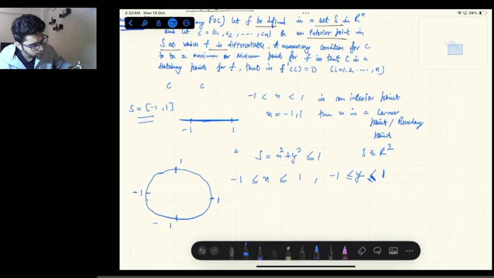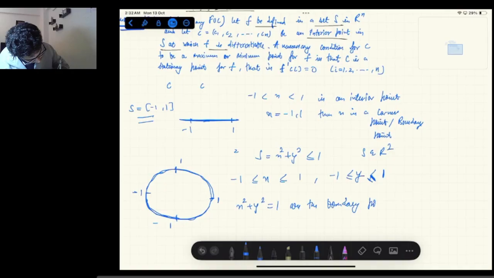So all the points lying on the circumference or on the circle, so x square plus y square is equal to 1, are the boundary points. And all points less than 1 are the interior points.